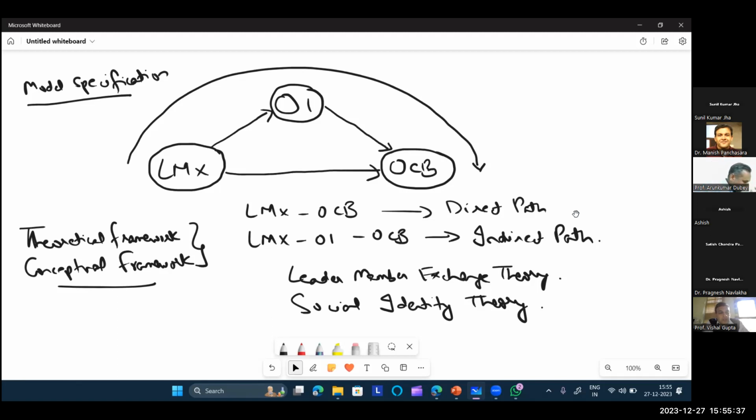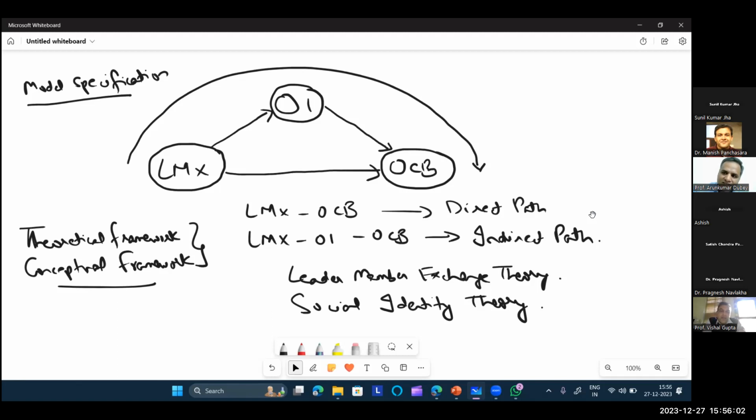A conceptual framework, we can also say, is where we have just linked two or three constructs together. For example, LMX, OI, and OCB is a conceptual framework where we have linked these three constructs. But this conceptual framework has an underlying logic.